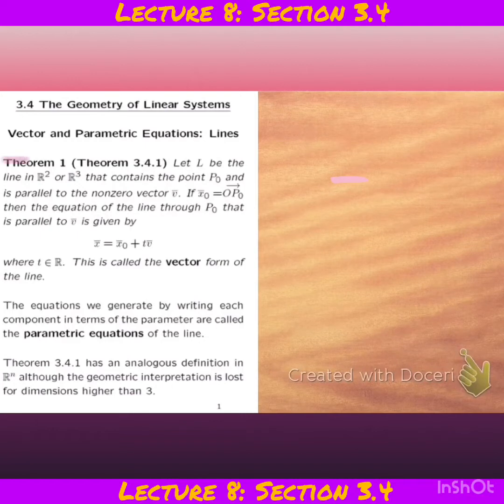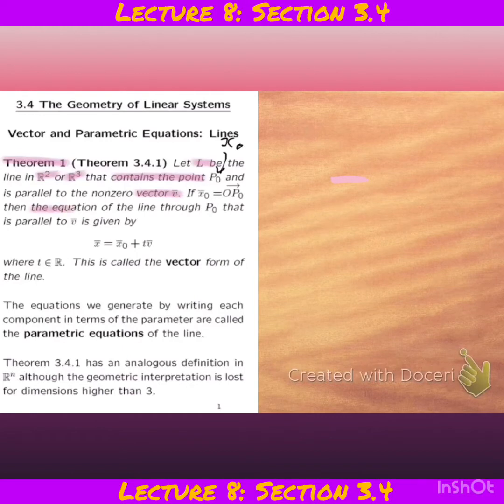So Theorem 1 tells me a way of doing this. So if L is a line in R2 and R3 that contains the point P0, now in the textbook they call this point x0, all right? And this line is parallel to the given vector v.